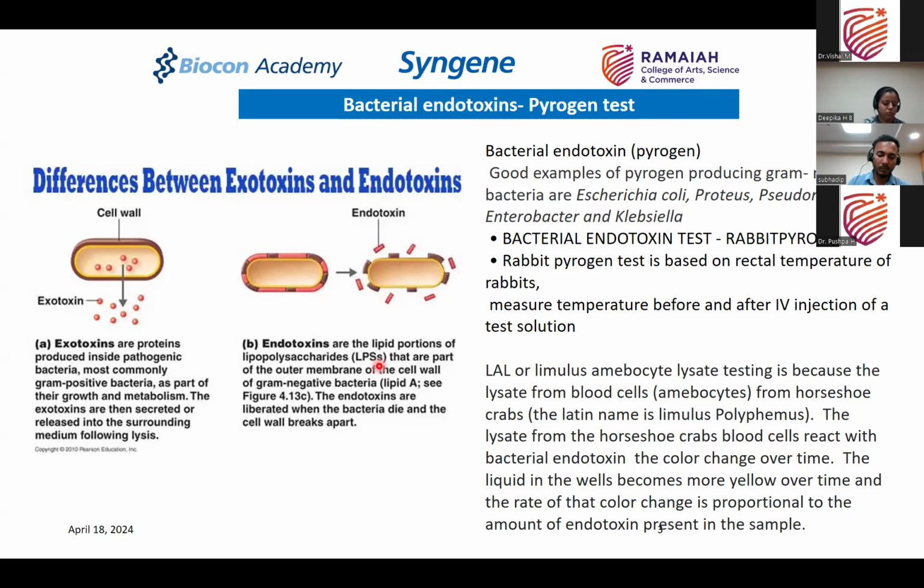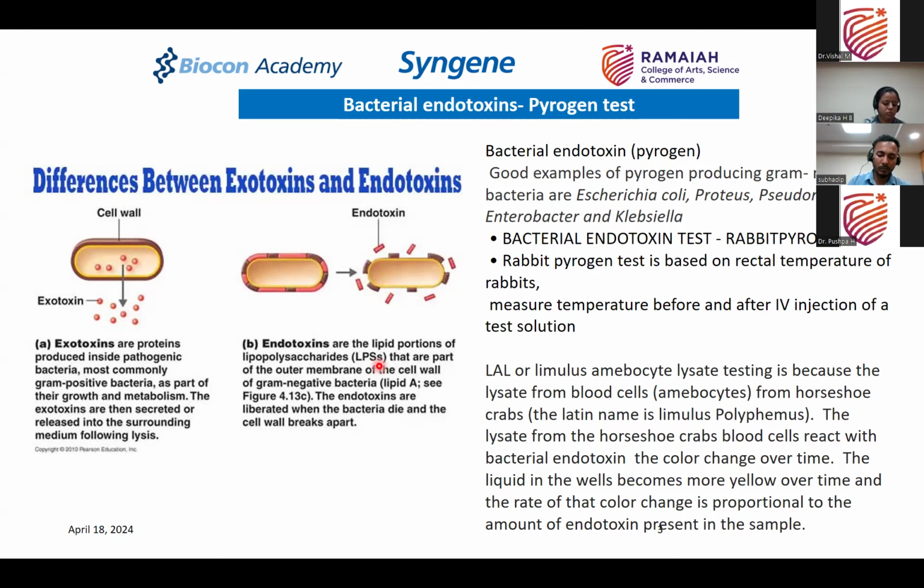If there is a color change to yellow over a period of time, the intensity of the color also indicates the concentration of the endotoxin present in that sample.